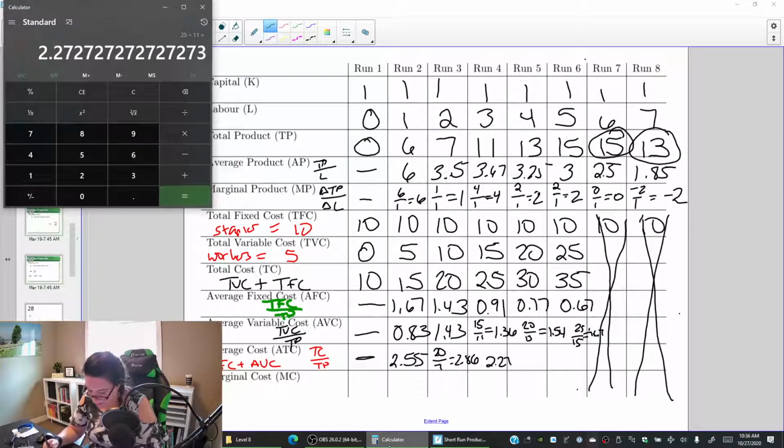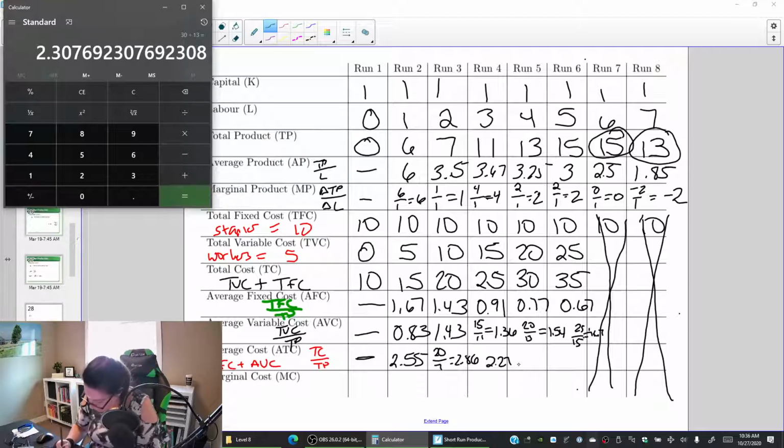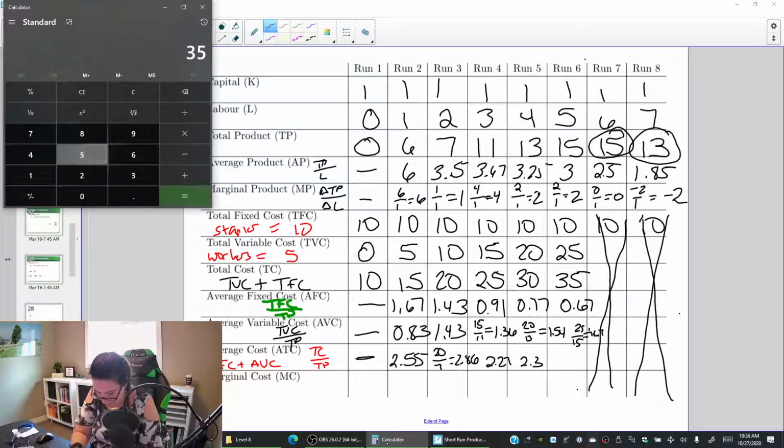Then we take our total cost of 30 divided by 13. We get 2.3. And here we get our total cost of 35 divided by 15. 2.33.